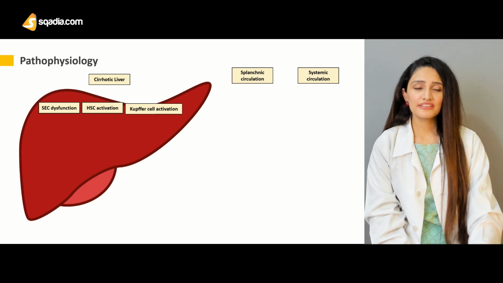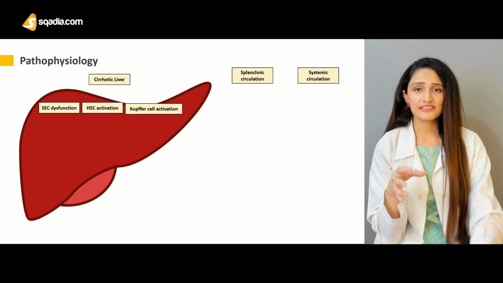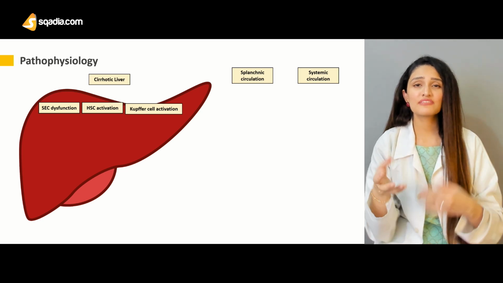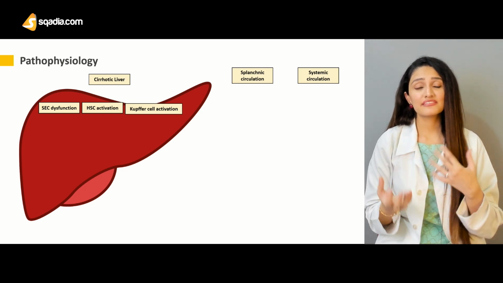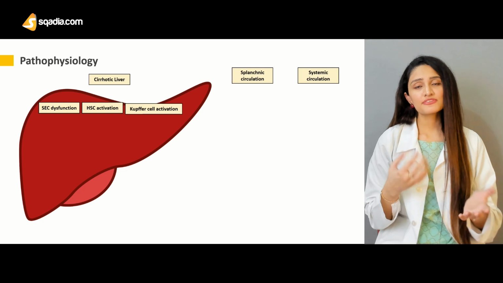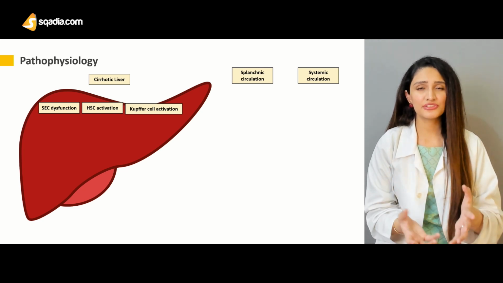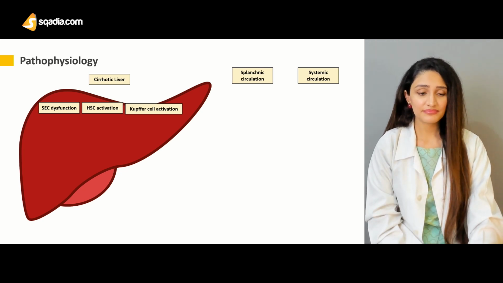In the cirrhotic liver, the sinusoidal endothelial cells are destroyed and dysfunctional. Like I mentioned before, the important thing is that there should be fenestrations. Fenestrations are lost, which causes a complete dysfunction of the endothelial cells within the sinusoids.